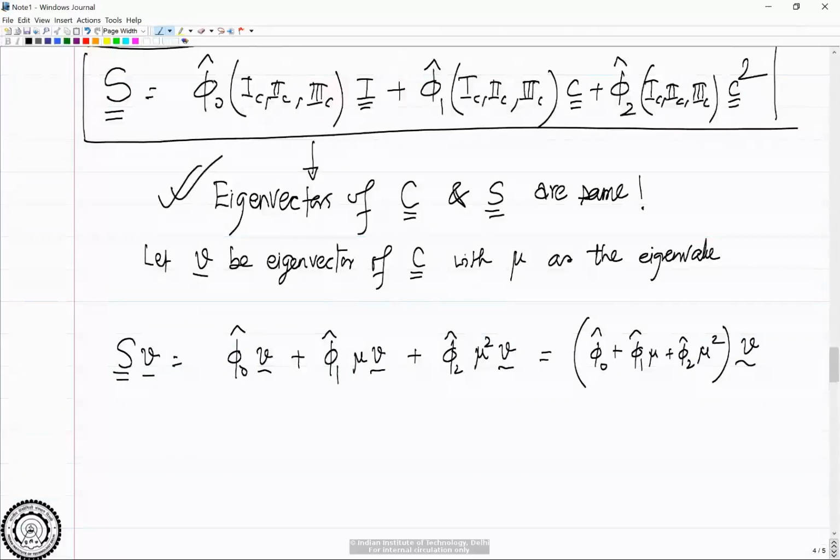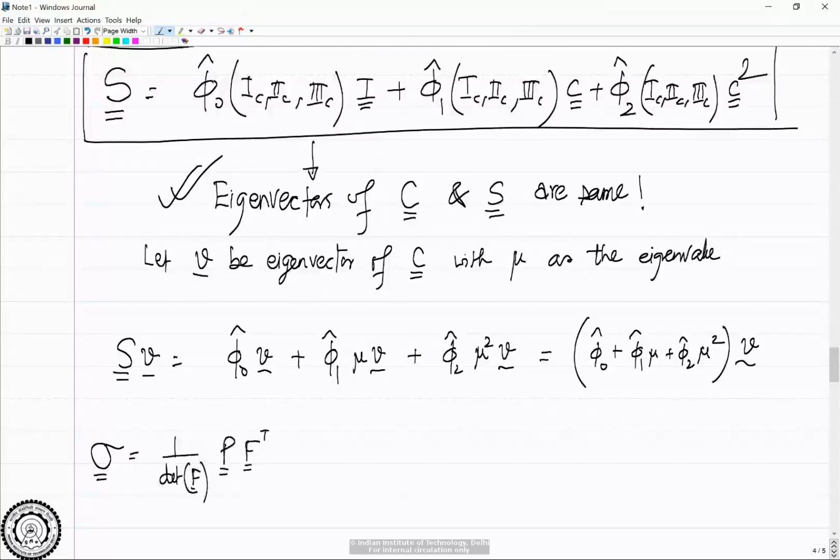Can we find out what will be the expression for the Cauchy stress sigma for an isotropic material? Of course we can. We know that sigma is 1 by det F into P into F transpose.